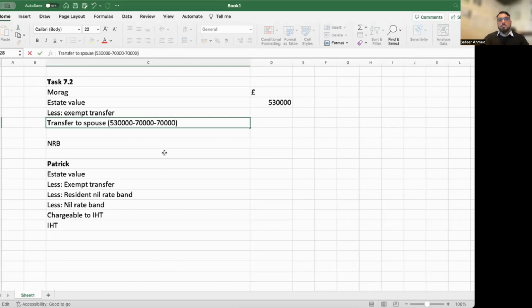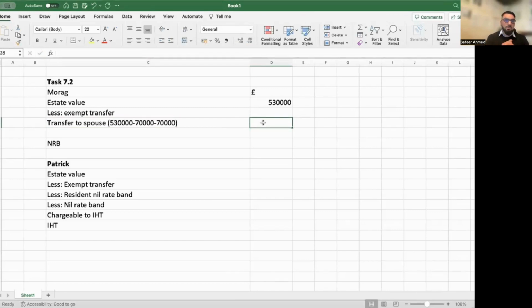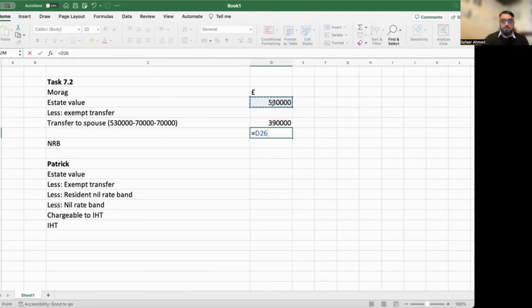The rest, this person has transferred to her spouse, to Patrick in this question, and that will be exempt, which is minus 140,000. Remember, 70,000 plus 70,000 is 140,000. So this much has been transferred to the spouse. So what's remaining then? The remaining amount is 140,000.